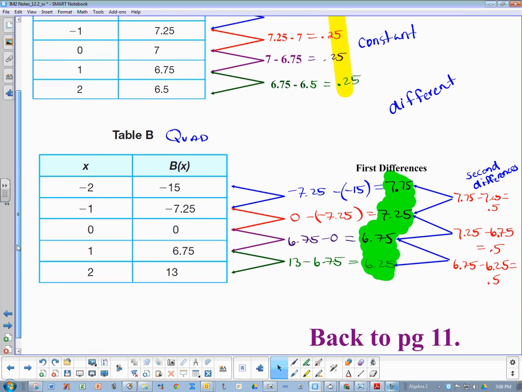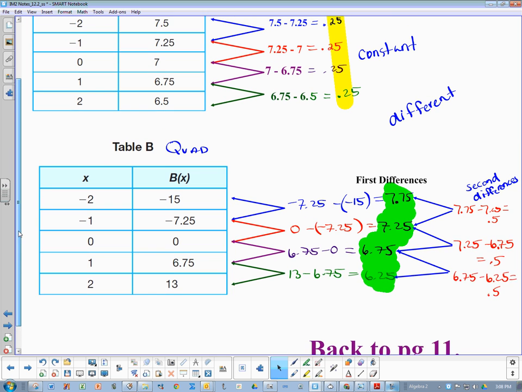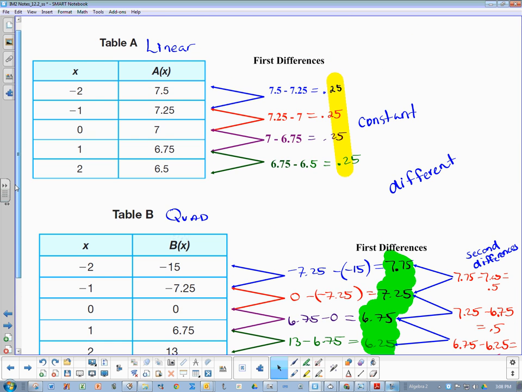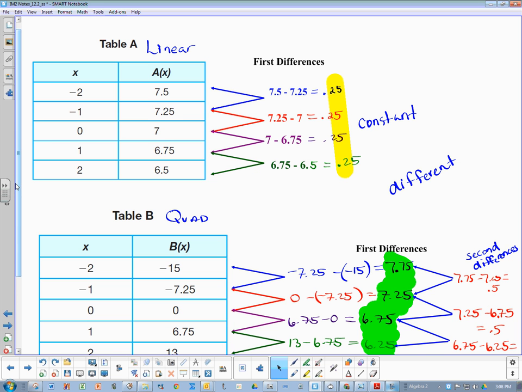So once again, here are our second differences. We didn't find second differences for the linear function, though, and I can do that right now. If you have no idea what I'm talking about, let's talk about right up here. I found first differences, but let's find the second differences.